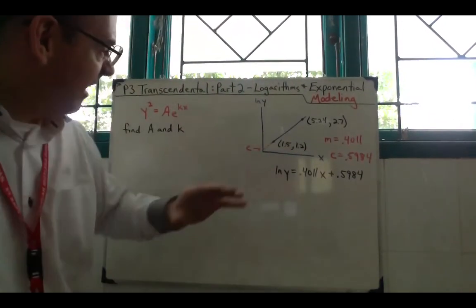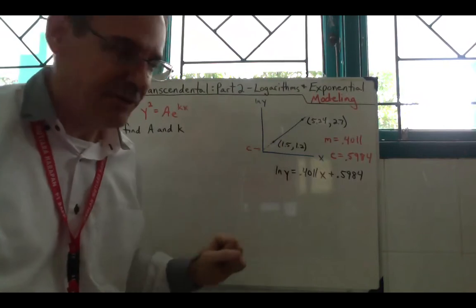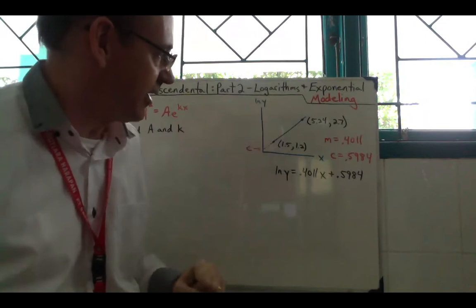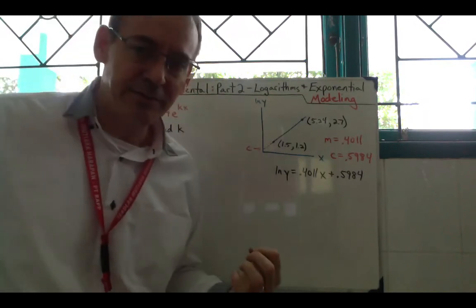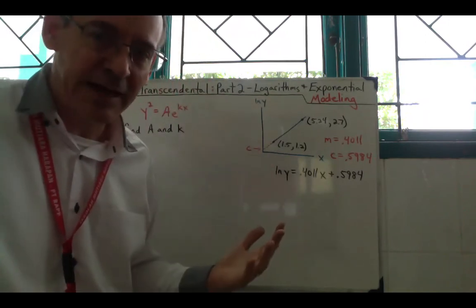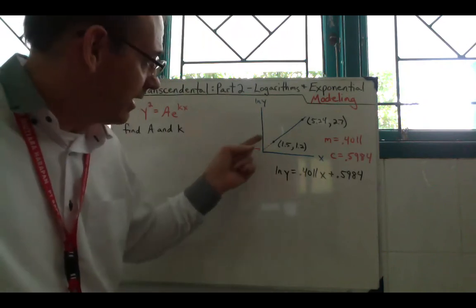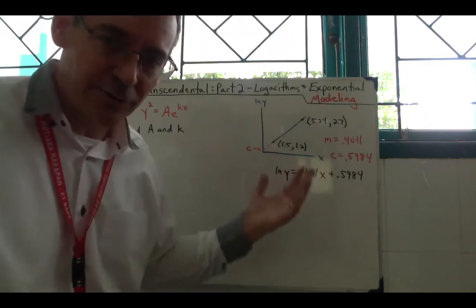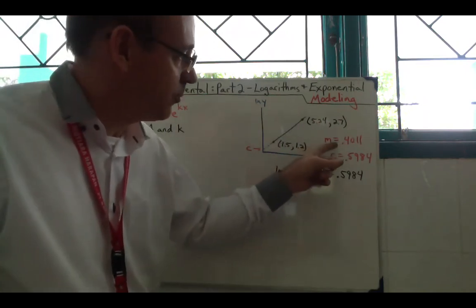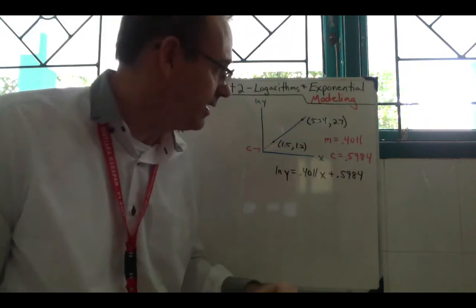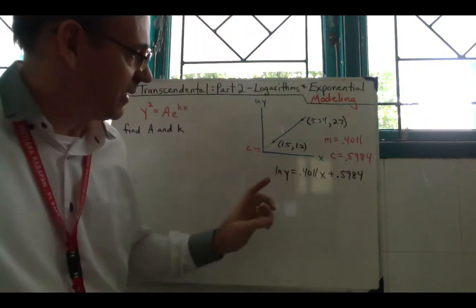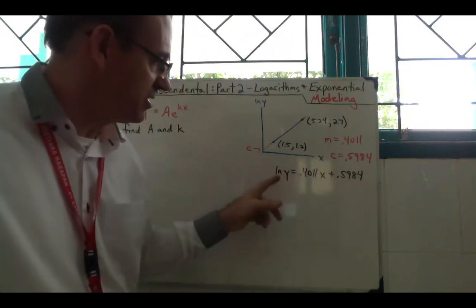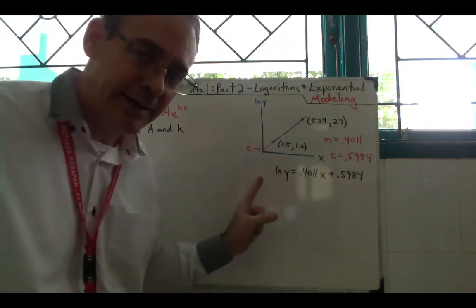So here is the graph that they have given to us, x graphed against ln y to get the straight line. To save us a little bit of time, because you already know how to find the equation of a line, I have already provided the slope. If you do y2 minus y1 over x2 minus x1, your slope is 0.4011. And the y-intercept, if you plug in one of those points into this equation, don't forget it's ln y, not y.